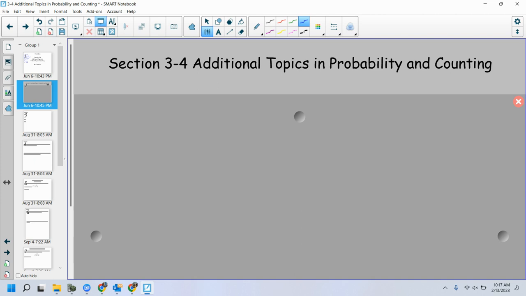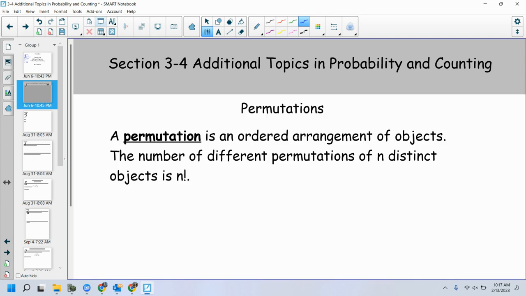All right, so what we're going to be talking about basically today is permutations and combinations. Permutations. The word permutation basically just means an ordered arrangement of objects. A permutation is just an arrangement of a set.